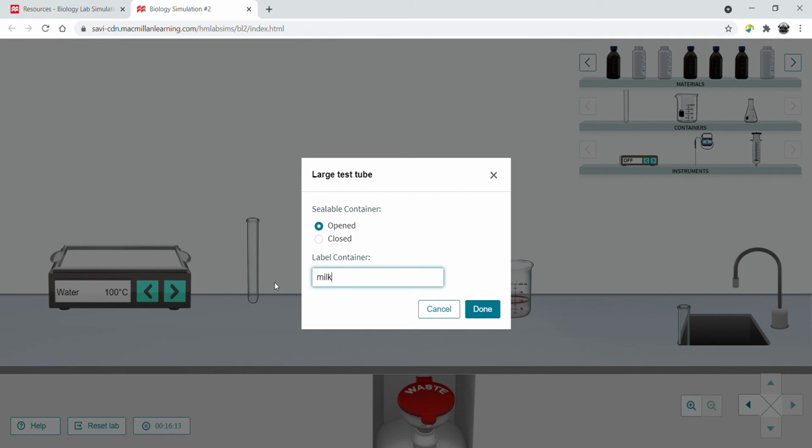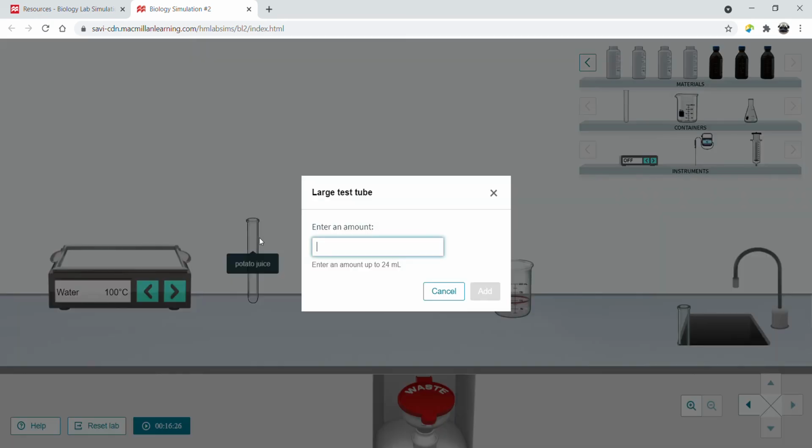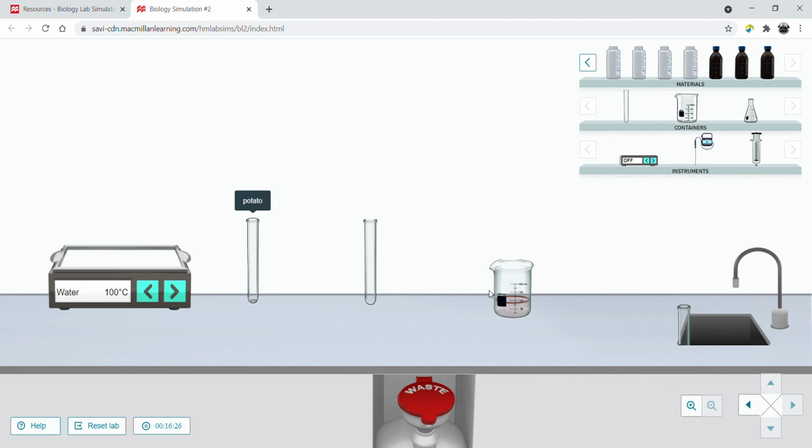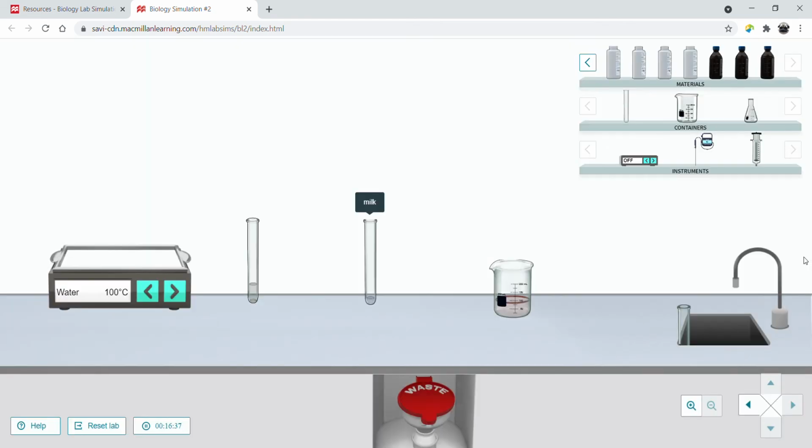All right, let's find our unknowns. Potato juice. So here's our potato juice. Onion juice, skim milk, and this is whole milk. Whole milk.